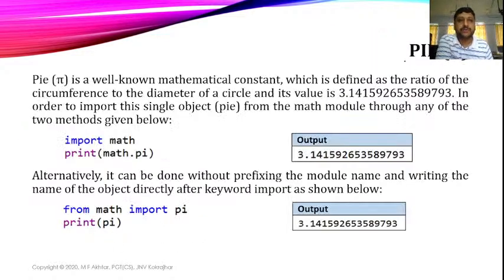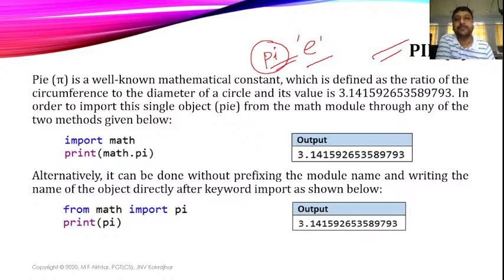Many functions are there, and some constants are also there. Pi is a constant; you have to write pi, not pie. Similarly e, the exponent, is also a constant value.